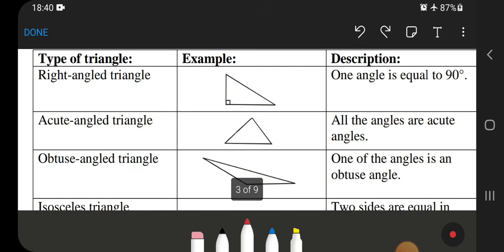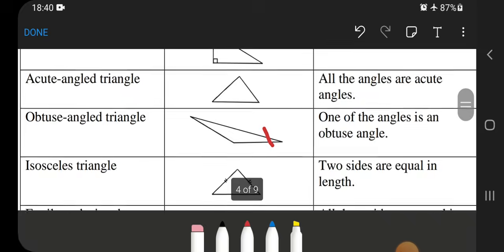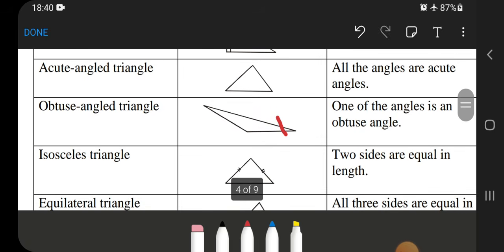I showed you where I was doing these angles, and then we did acute and obtuse angled triangles as well when I was showing you guys, and then we do isosceles.